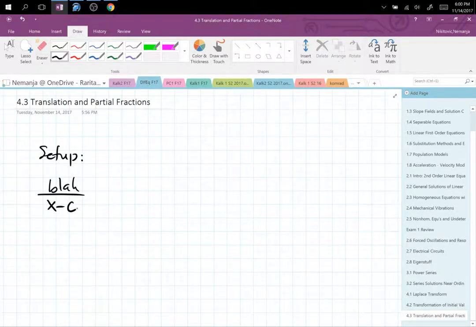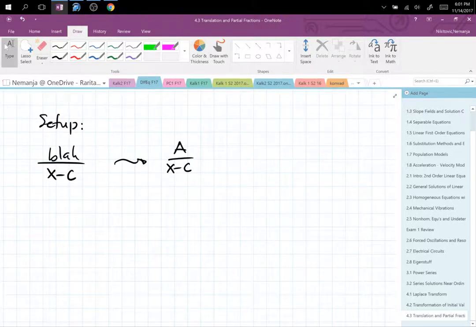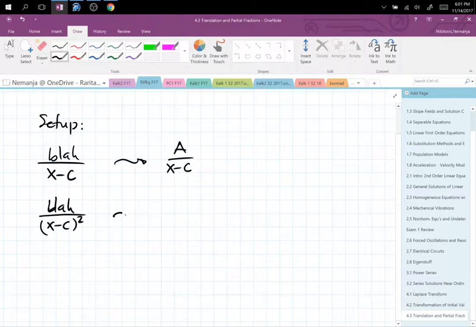Now that's the linear term, and the setup for that is A over x minus c. Now we can also have that one squared, in which case the setup is A over x minus c plus B over x minus c squared.